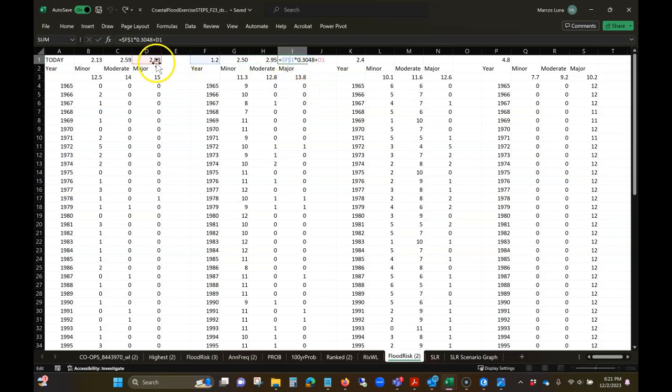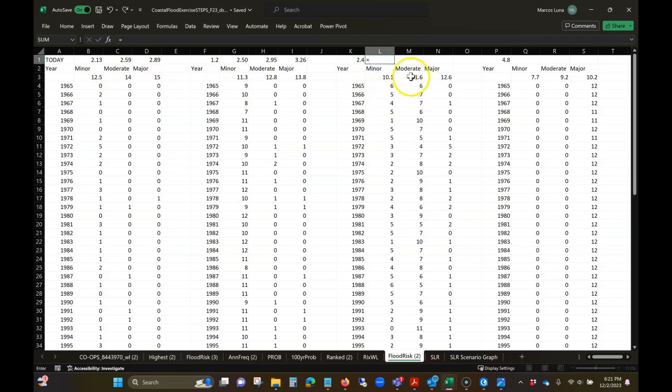I see that for the major example, it's adding that extra little height of sea level rise to the major flood as well. So I want to repeat that for the others. But keep in mind that for each of these water heights, sea level rise is always relative to that original height, so you want to make sure that you're always referring back to that.